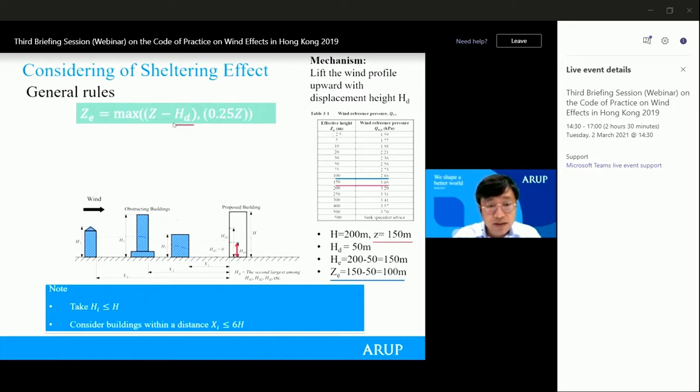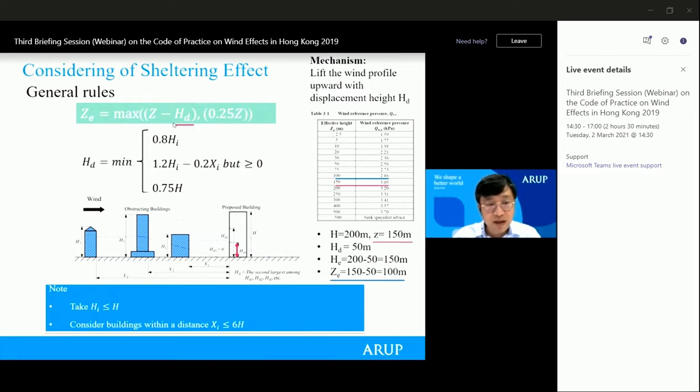So here, the key is how can we determine the displacement height? This is the so-called uplift of the approaching wind profile. Within the code in Appendix A, the displacement height is governed by three formulas.